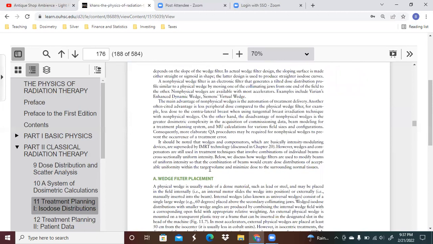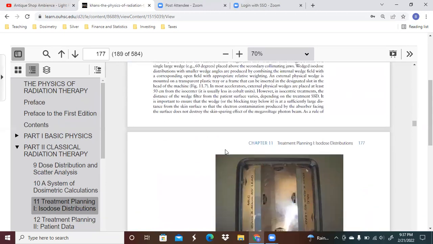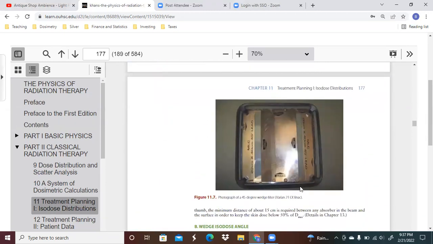What you will also see, and this is what we will get into with some of the problems coming up, is that a wedge will increase the number of monitor units that's going to be delivered as opposed to not having it. That is a pretty big deal.